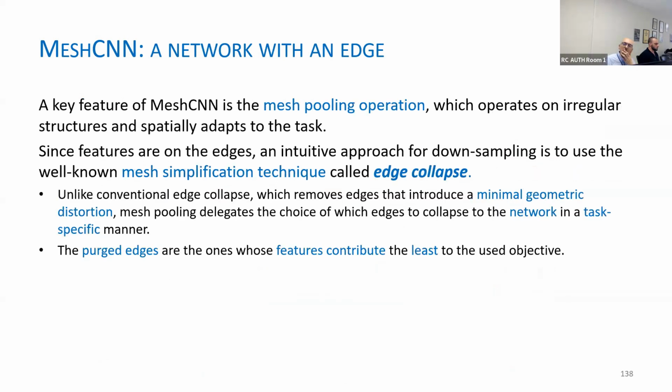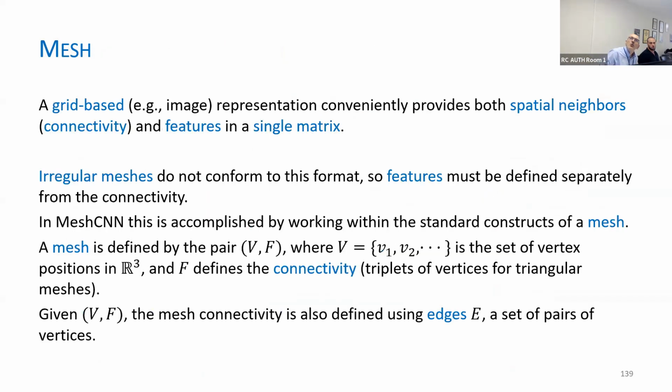Okay, let's skip some detail and go through this point. So again, you start with the mesh. It's the definition that we have seen also before. The mesh is given by a set of vertices, and F in this case represents the connectivity.